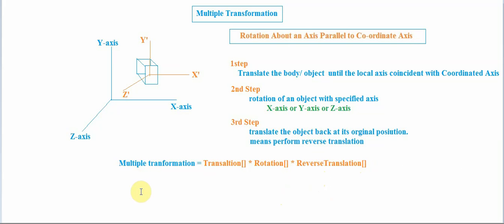So this is what we are going to perform in multiple transformation. So in this way we can perform any type of operations. It means we can combine any type of transformations in a multiple transformation. So this is what we have done, rotation about an axis parallel to a coordinate axis.